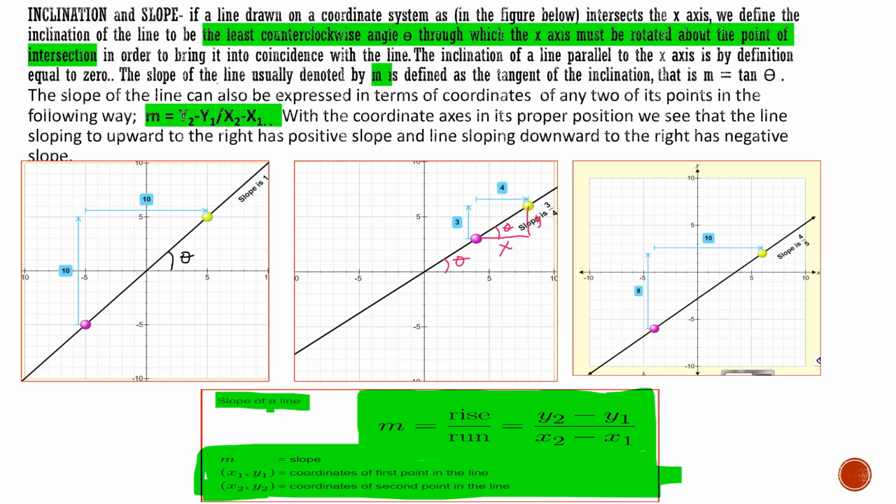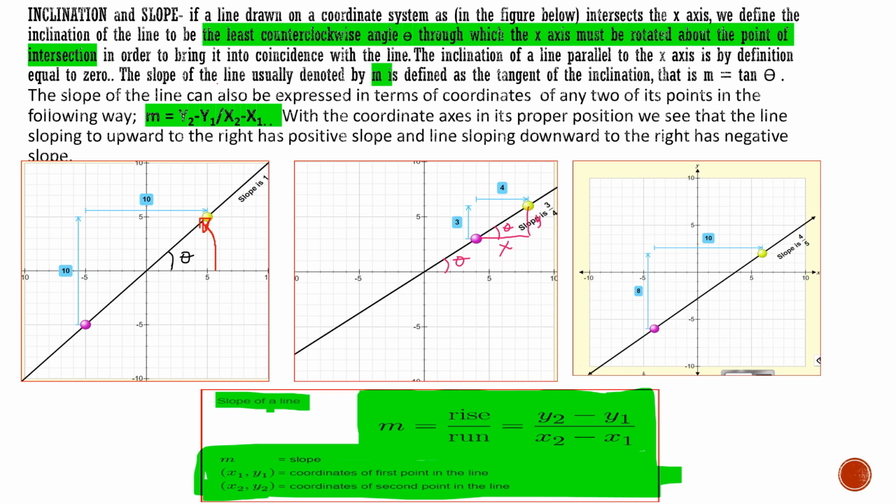Now, the slope of the line is related to what is called the inclination of the line when it intersects the x-axis. It is measured from the x-axis at the point of intersection, and we call it angle theta, the angle of inclination.